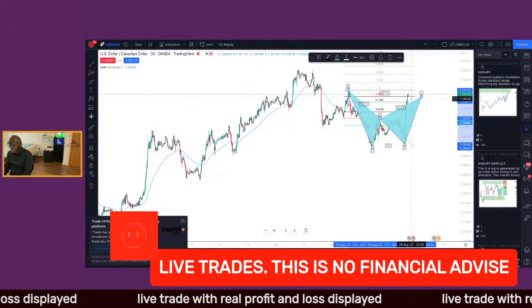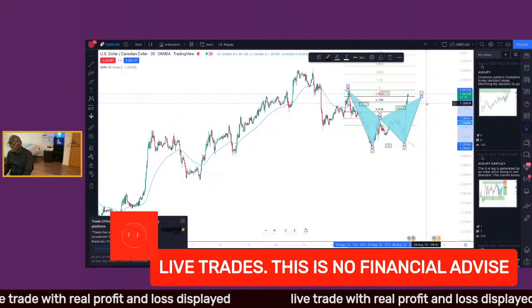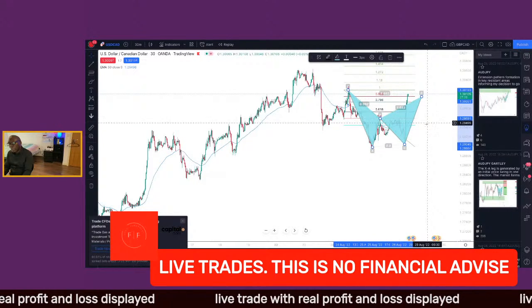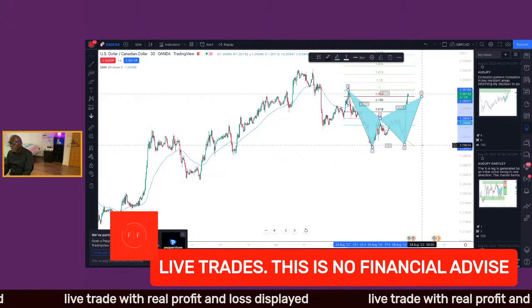You can see price has exceeded 0.886 on the Fibonacci retracement levels, which means that this pattern in itself may not be fully valid.